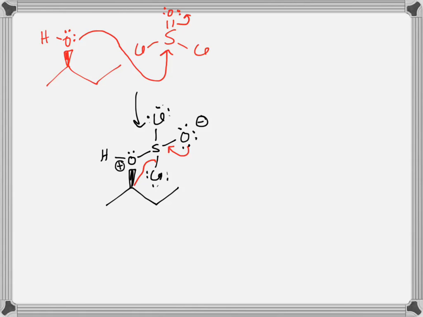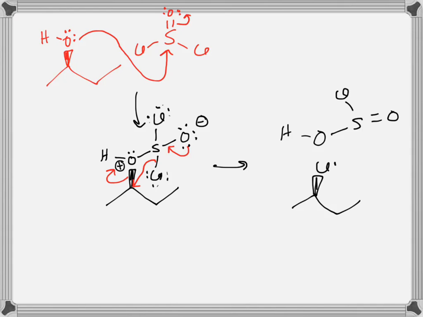The chloride bond breaks, goes to the carbon, but now the carbon has too many electrons, so it kicks the electrons out onto the oxygen. Our result, ta-da!